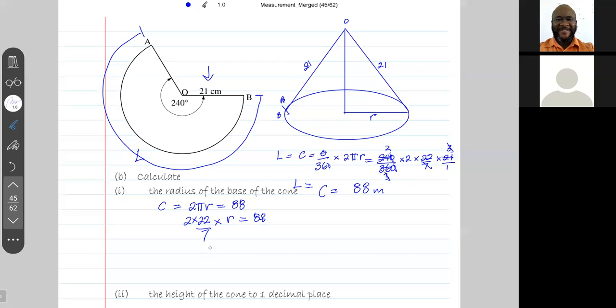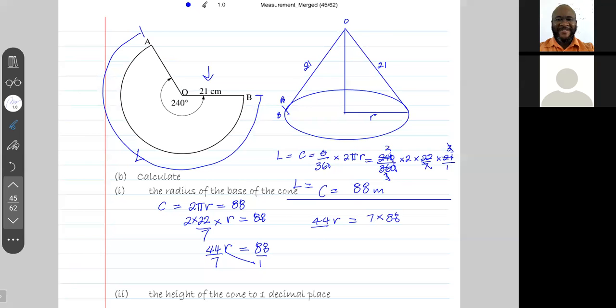So 44r over 7 is equal to 88 over 1. Cross multiply: 44r would be equal to 7 times 88.